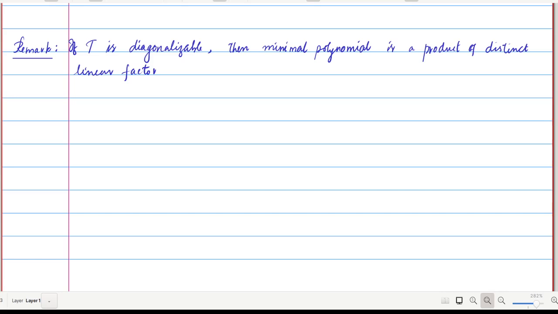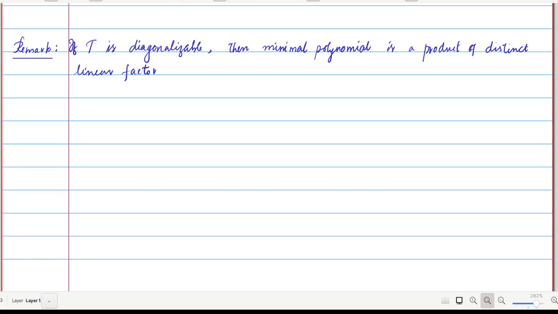The minimal polynomial can be easily verified, or later we will prove the converse is also true: if the minimal polynomial is a product of distinct linear factors, you can get T as a diagonalizable linear operator. For the time being we will prove this implication only.